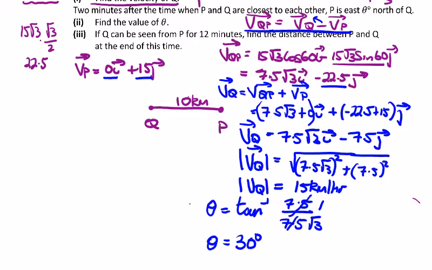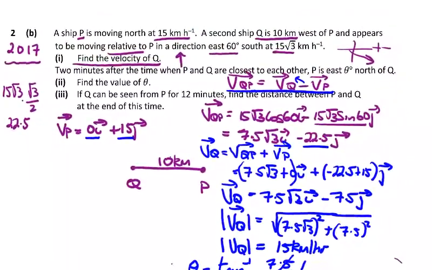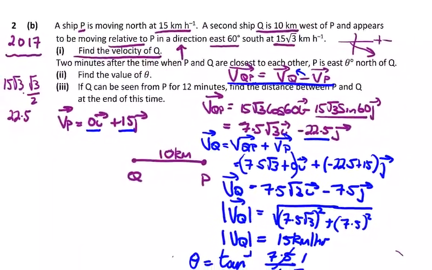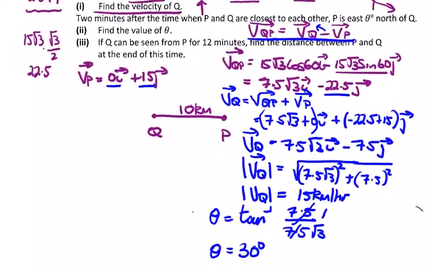So that's Q, that's what's going on with Q. Then find the value of theta 2 minutes after the time when P and Q are closest together. P is east, theta degrees north of Q.